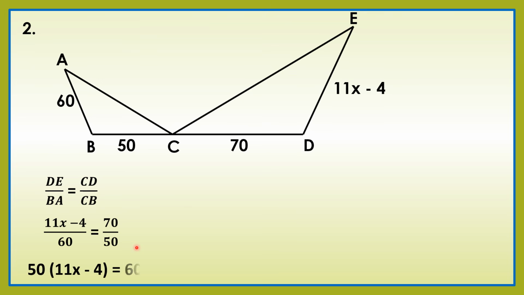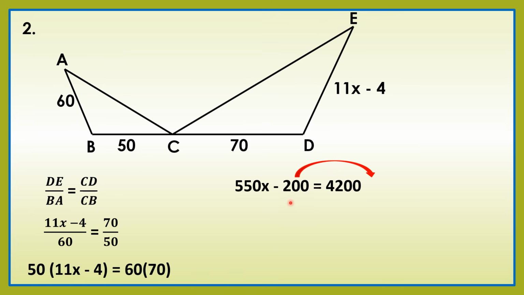Cross multiplication, we will have now 50, so itong dalawa, 50 times 11x minus 4, then 60 times 70. So we will have now 550x kasi 50 times 11x is 550x. Then 50 times negative 4, that is negative 200. 60 times 70 is 4,200.